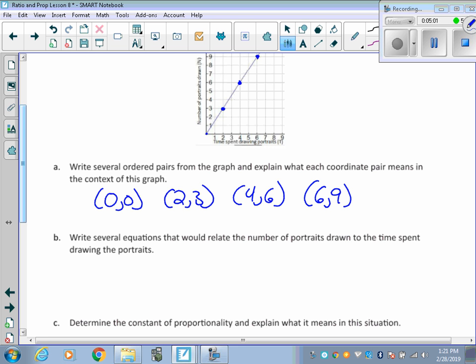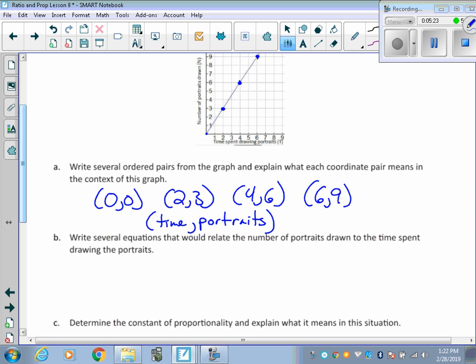So what does this mean? The first number, 0, 2, 4, 6, is the time, the number of hours. The 0, 3, 6, 9 is how many portraits she can draw. So that's what that means.